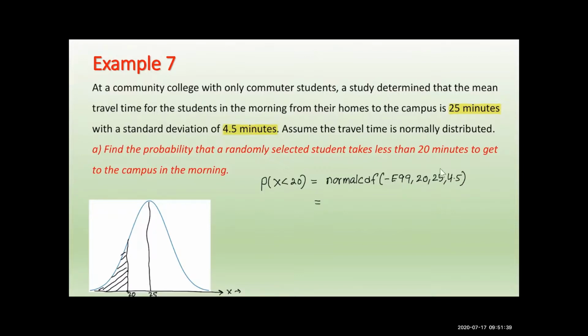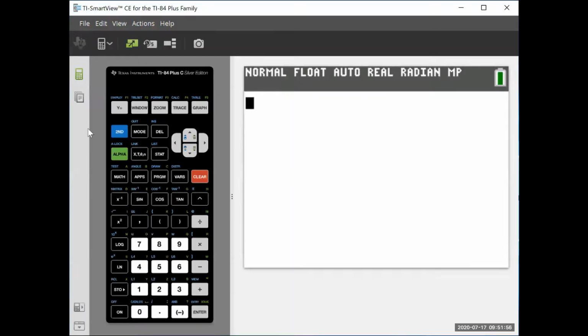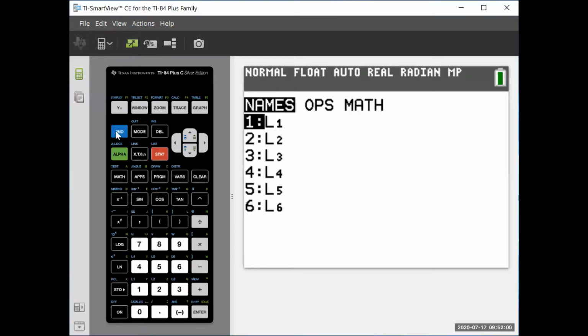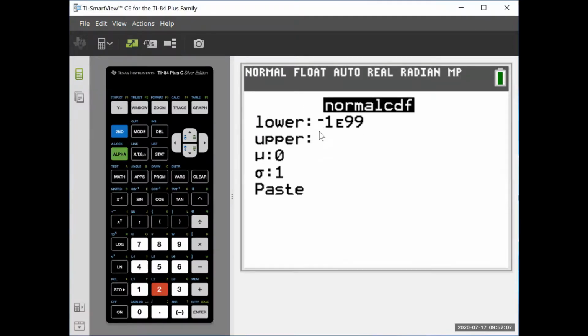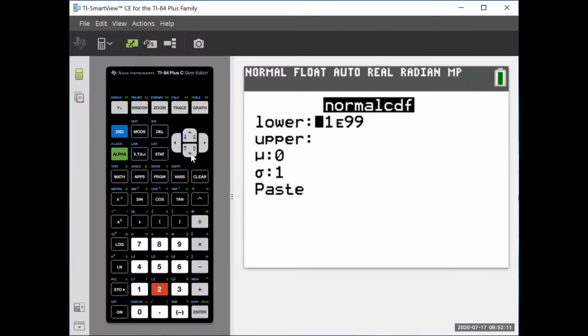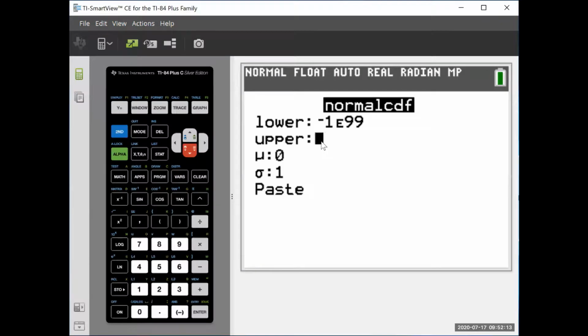This is what we need to type in our calculator. Let's do that. In the TI-84 calculator, you go to second, and then second and then VARS. We want the normal CDF, which is number 2. The lower limit is negative E99, which is already there in my calculator. The upper value is 20.